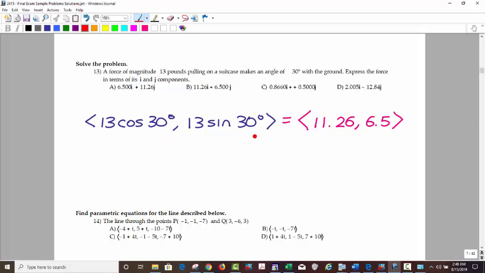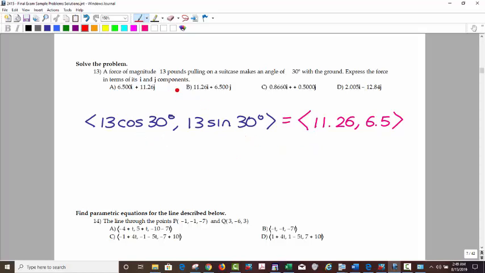And that will give you the vector that represents the force in terms of i and j. I'm sure some of you have taken physics by now, so you're probably used to that. So 13 cos 30, 13 sin 30. 6.5 is an exact answer, but 11.26 is obviously a decimal. But that's what the answers wanted here, so I went with that. Because cosine of 30 is actually the square root of 3 over 2.